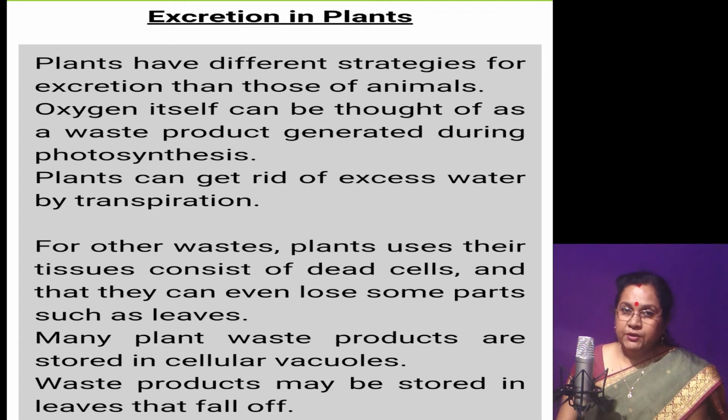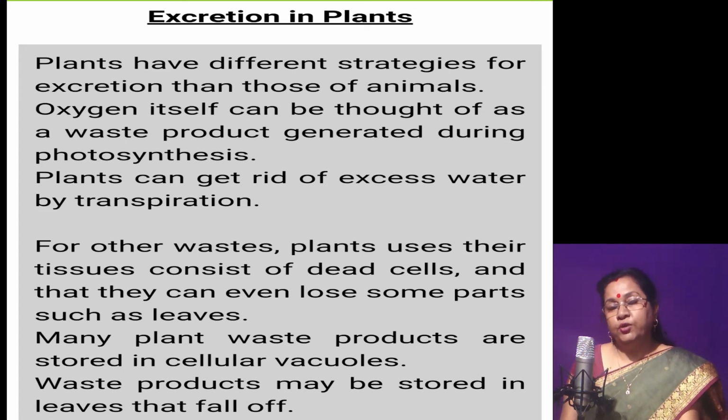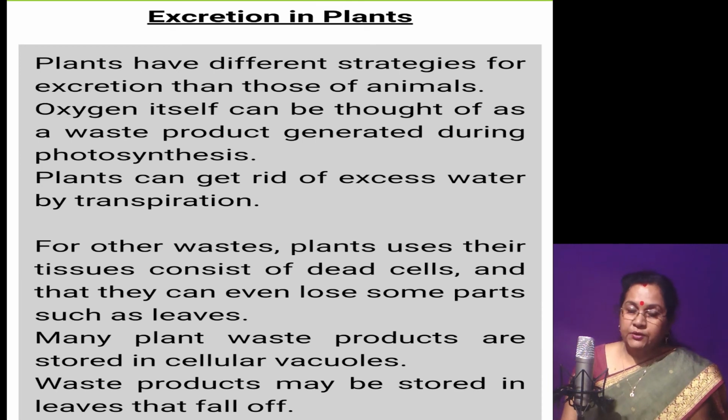The gaseous wastes in the plants are such as, during photosynthesis, they release oxygen. When the plant respires, they release carbon dioxide. And during transpiration, they also release water vapor. So these are the gaseous wastes.